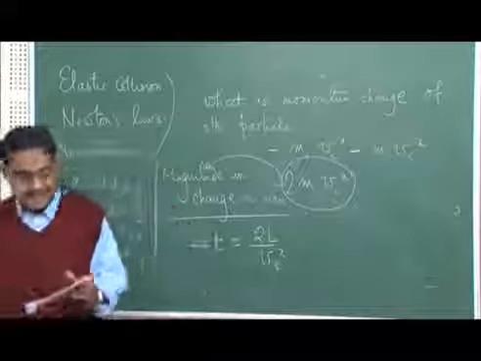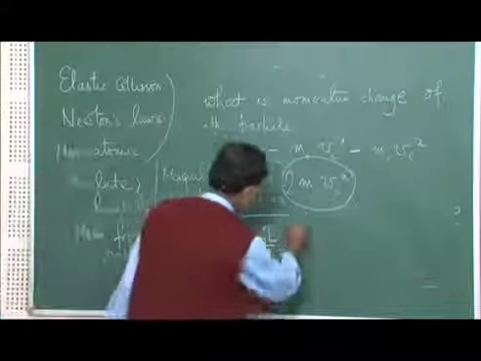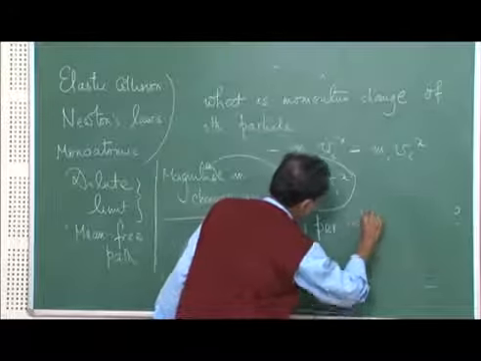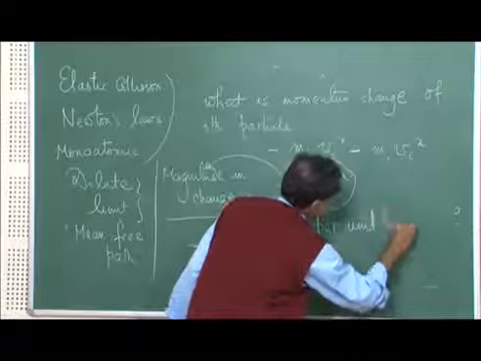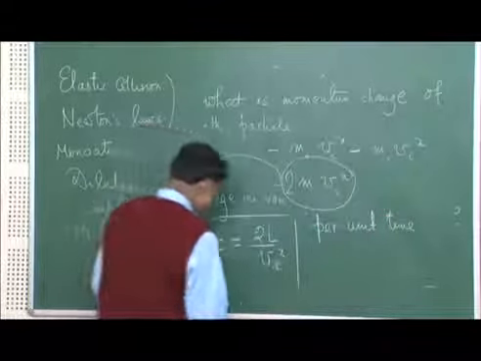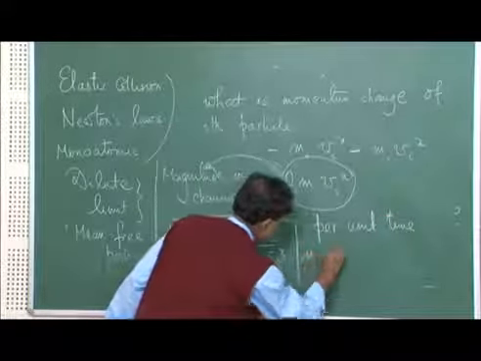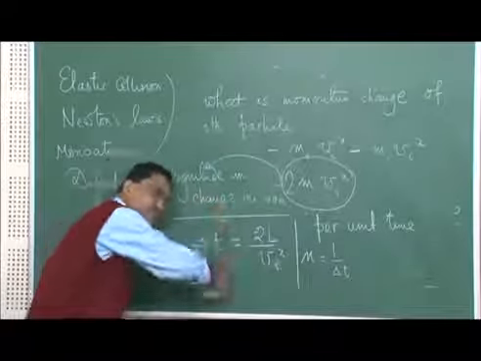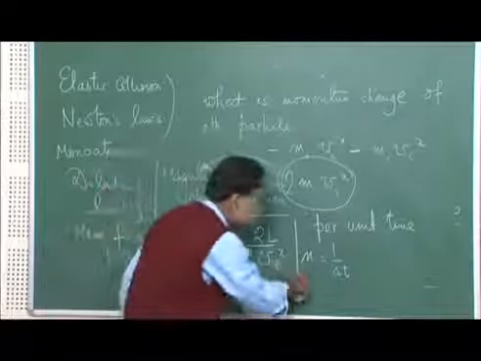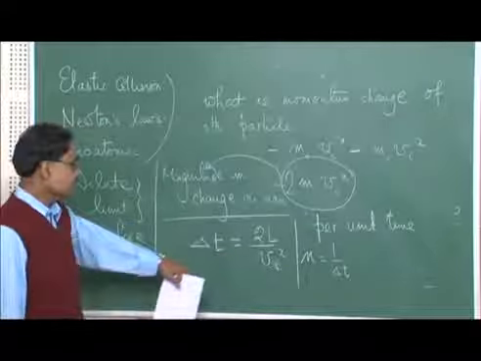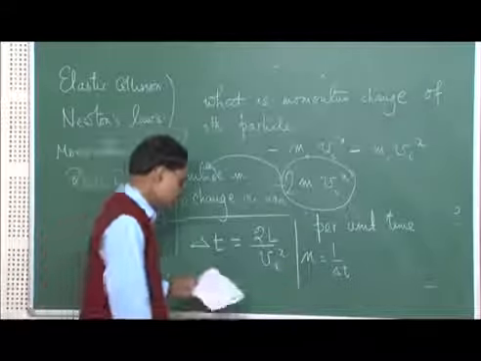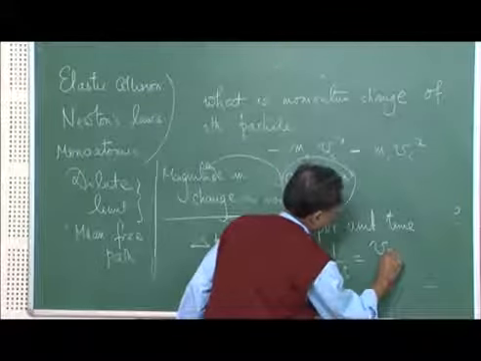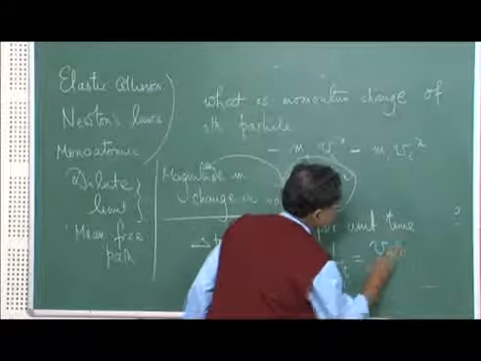So, this is delta t, and how many collisions per unit time? If someone asks you per unit time, how many collisions will I have? I will have a number n equal to 1 by delta t. Delta t is the time for one collision, so this is the number of collisions per unit time. So, it should be 1 over this, and that will be Vix over 2L.